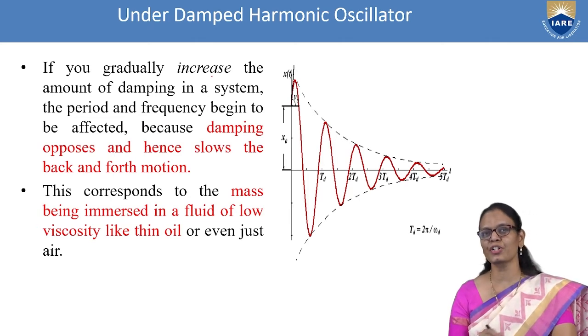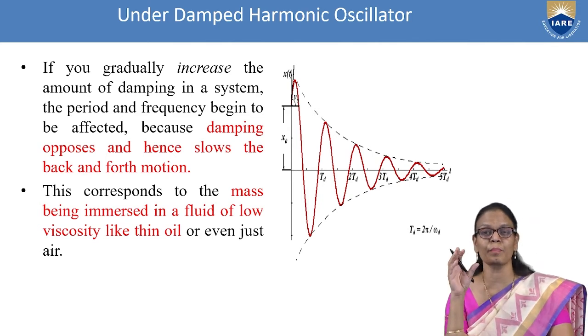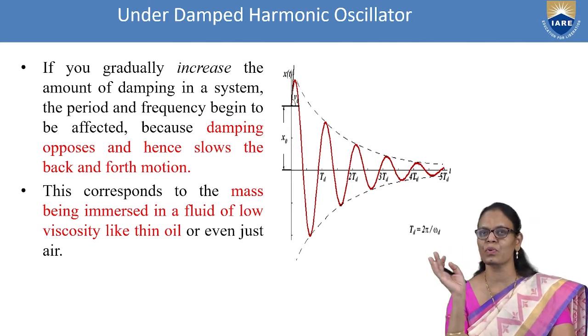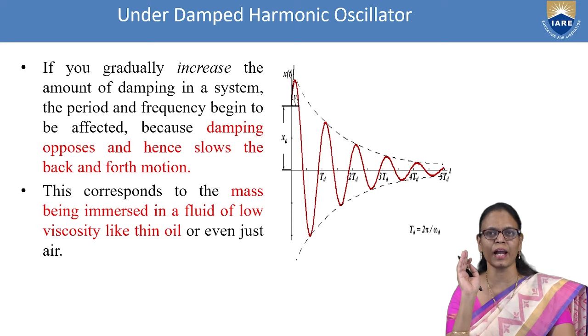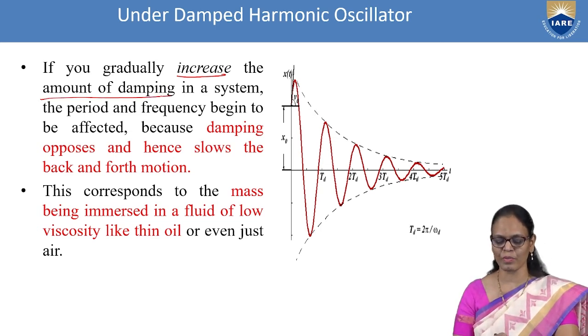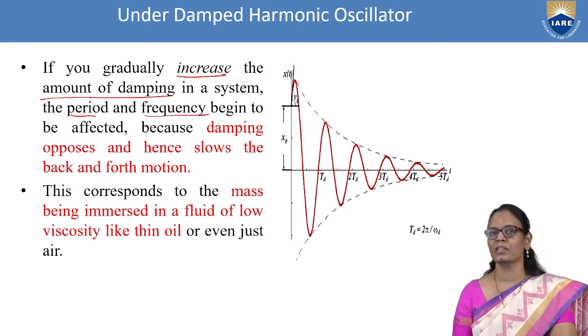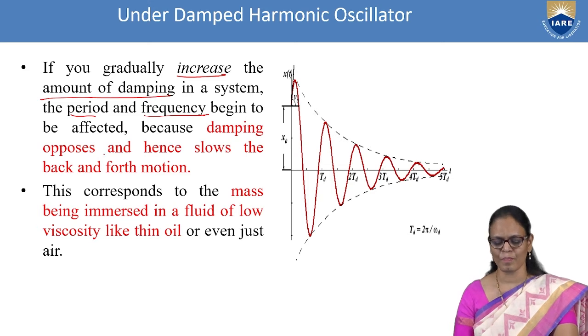Now, if you gradually increase the amount of damping, in small amounts of damping, the amplitude goes on decreasing, but the frequency and the time period remain the same. But if there is an increase in the amount of damping, then what happens? The period and frequency begin to get affected because the damping opposes and hence slows the back and forth motion.